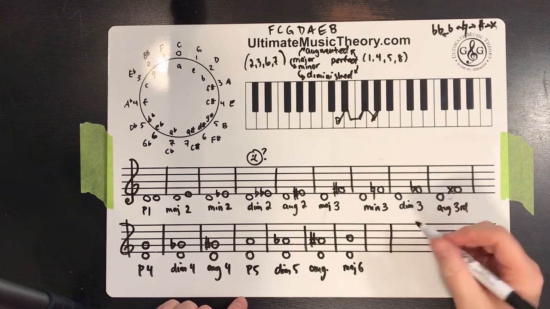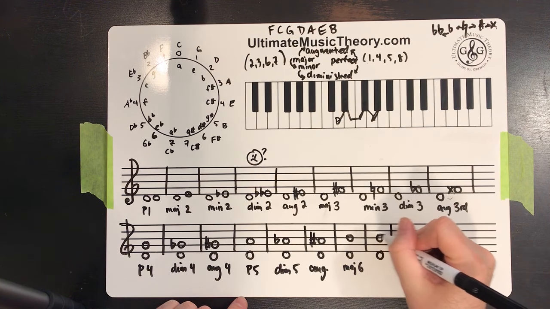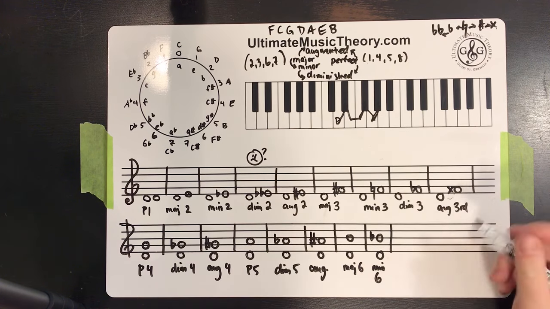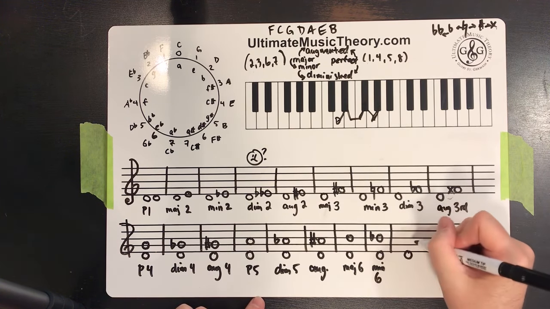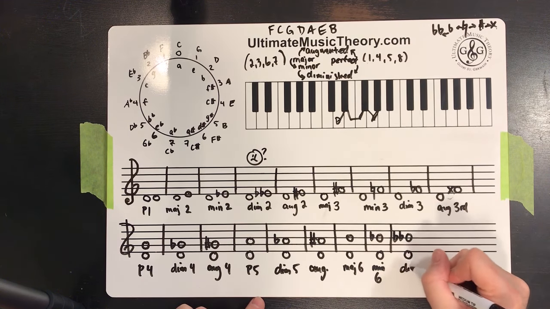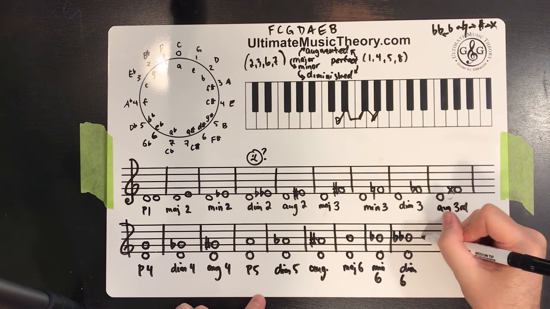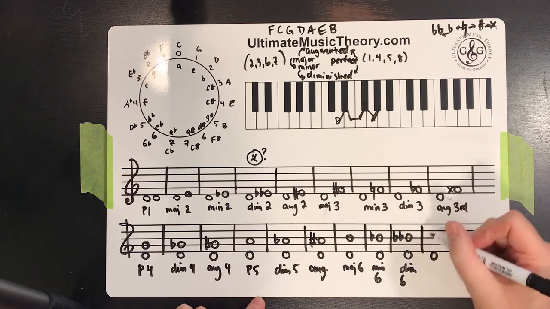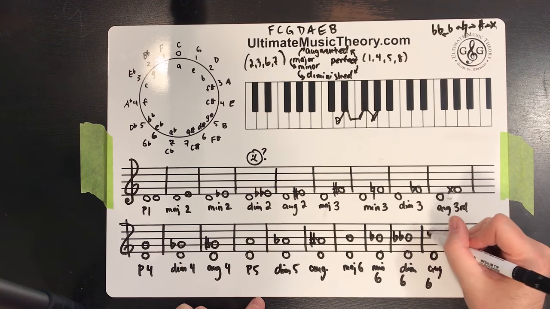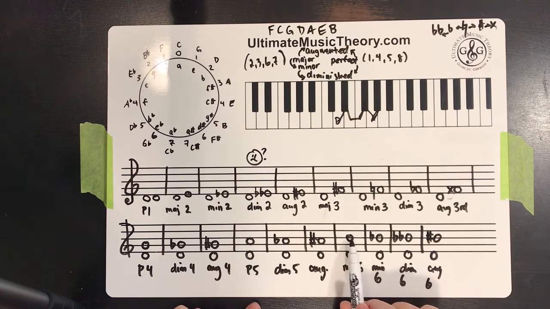To turn it to a minor sixth, we lower it. So that's a minor sixth. To turn it into a diminished sixth, we double flat it. So now it's a diminished sixth. And to turn it into an augmented sixth, all we do is raise it. Major, up 1 is augmented. Major, down 1 is minor. Down 2 is diminished.